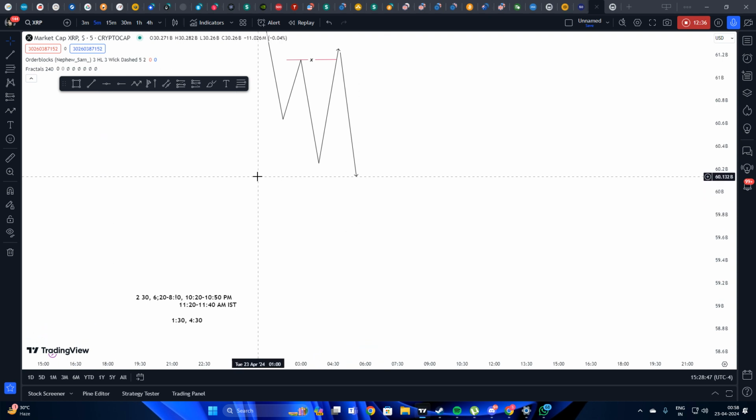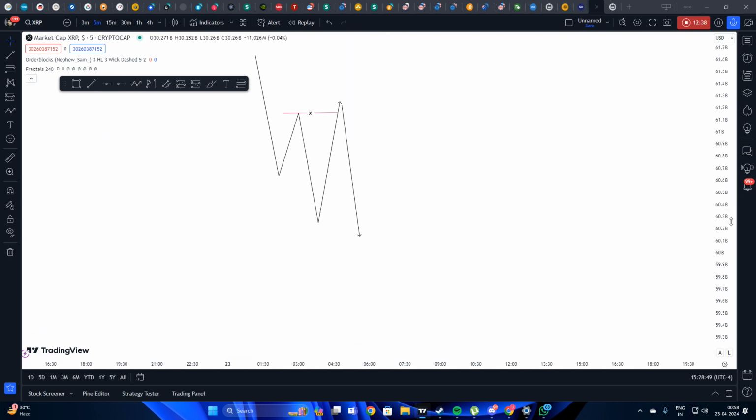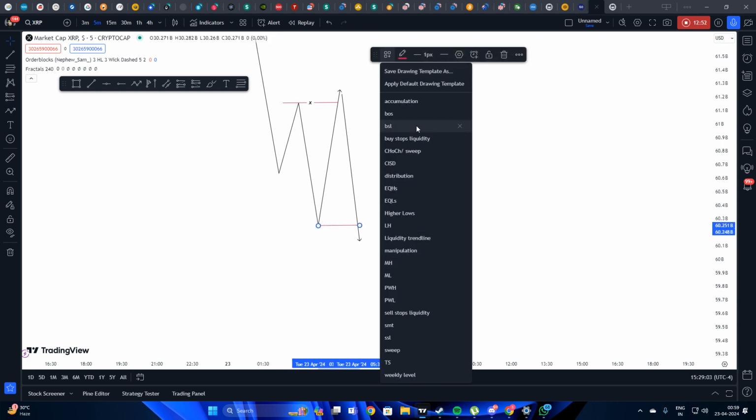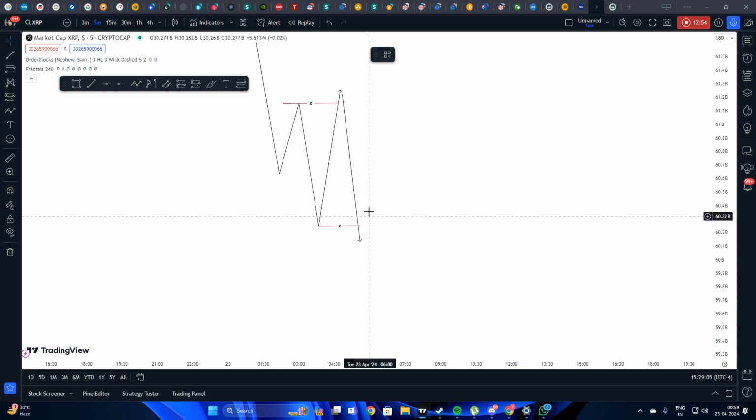Just remember you are blessed. The market's going to take out these lows, and mostly retailers are going to jump in thinking the market again needs a short, and they're going to indulge in shorting.